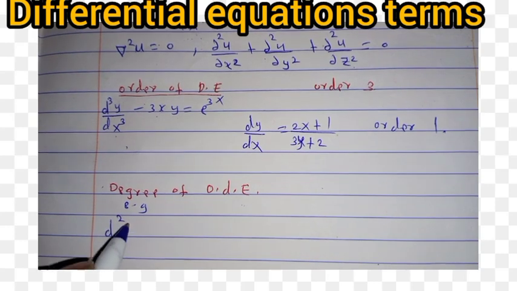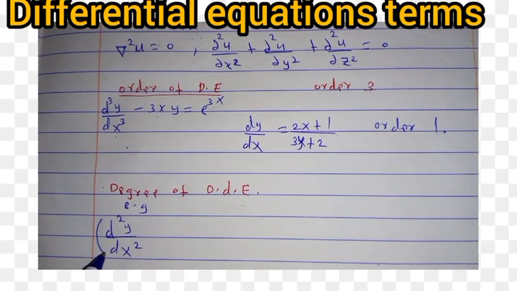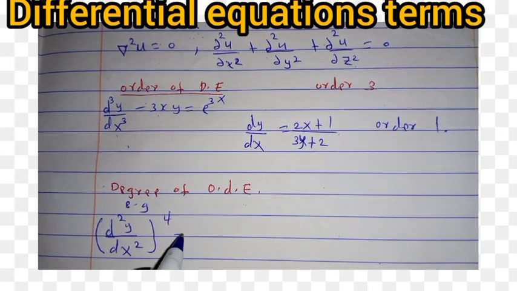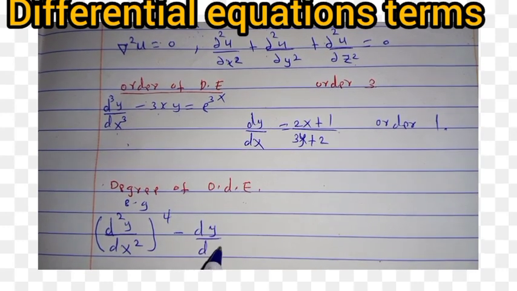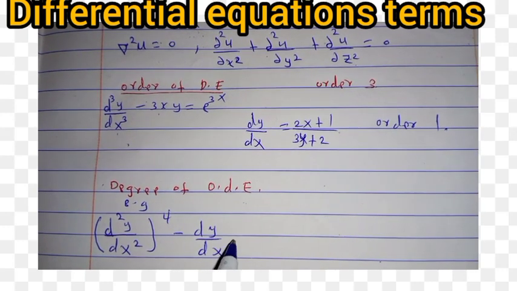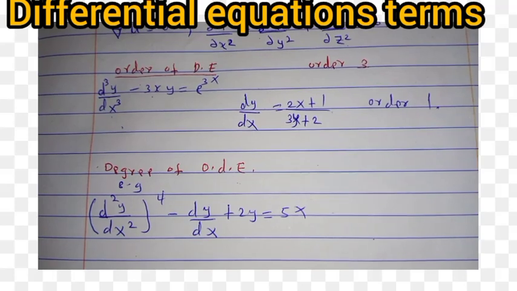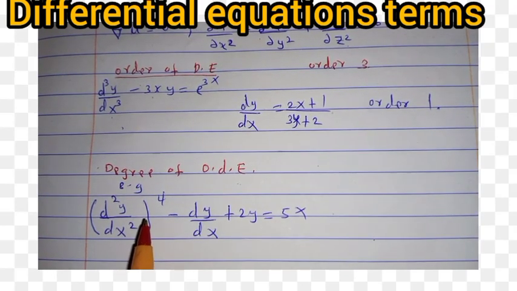the second derivative of the function y with respect to x, to the power 4, minus dy over dx plus 2y, is equal to 5x. In this equation, the degree is defined as the highest power of any derivative involved.